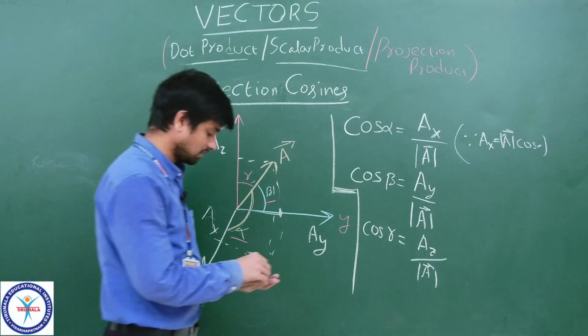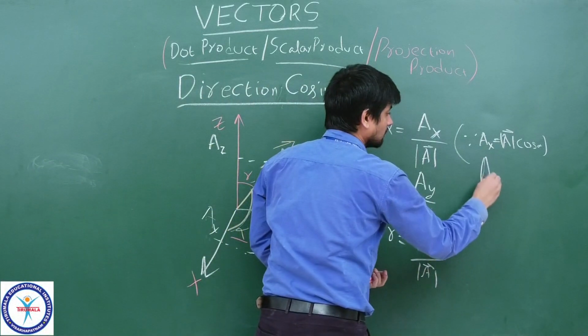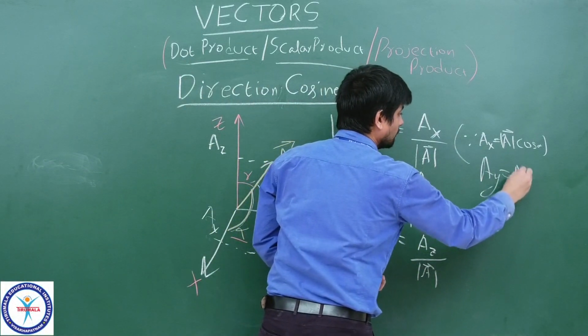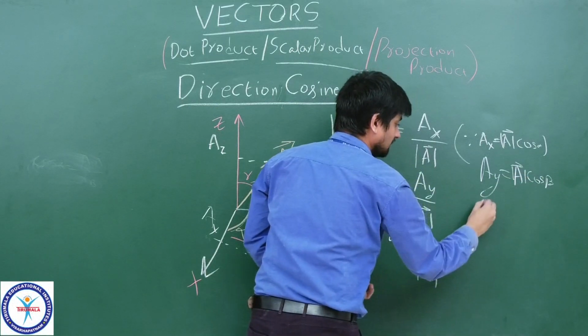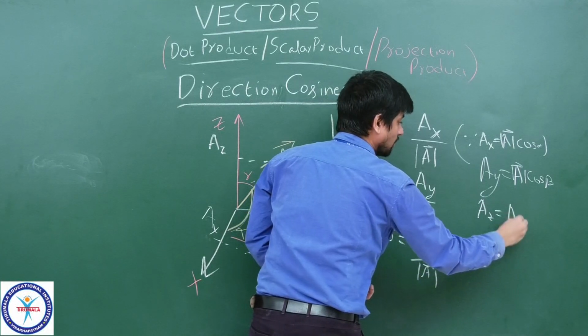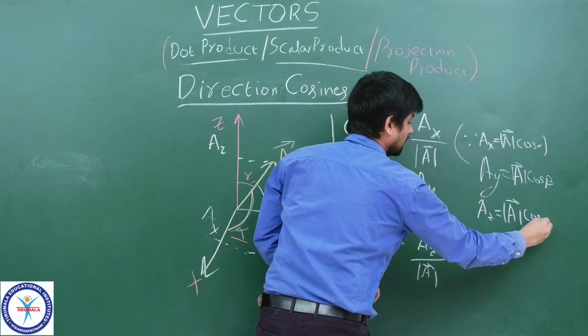In the same way, Ay equals modulus A cos beta, and Az equals modulus A cos gamma.